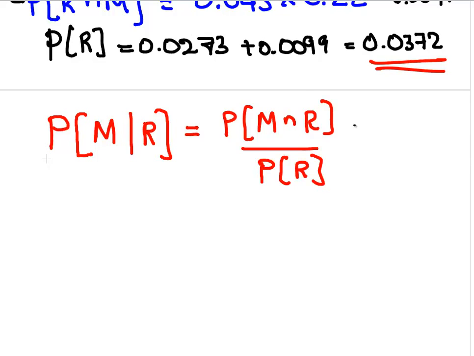Now, just as a quick remark, we actually know this already. We just calculated it a minute ago. We also know this because, again, we just calculated it a minute ago.